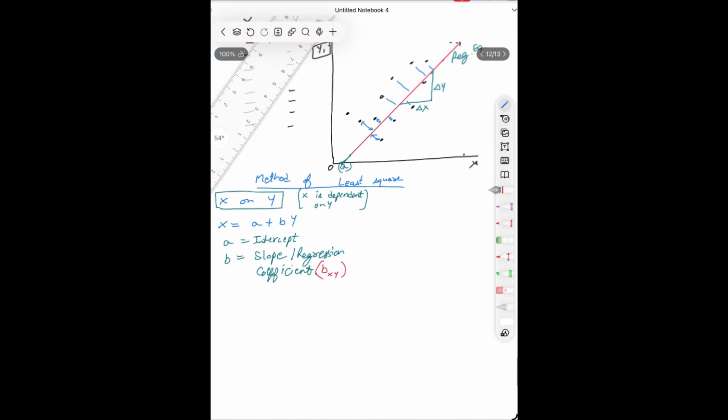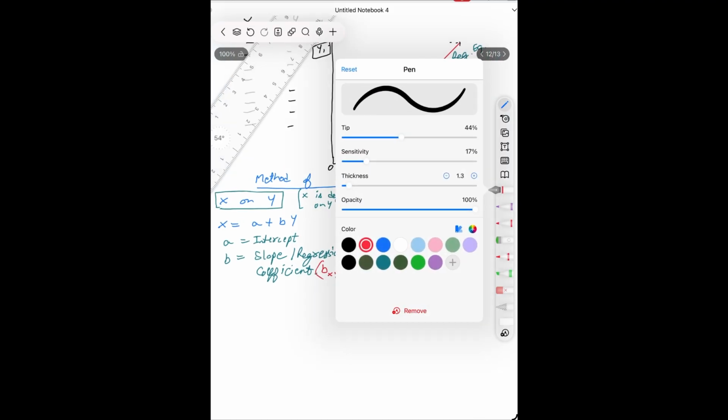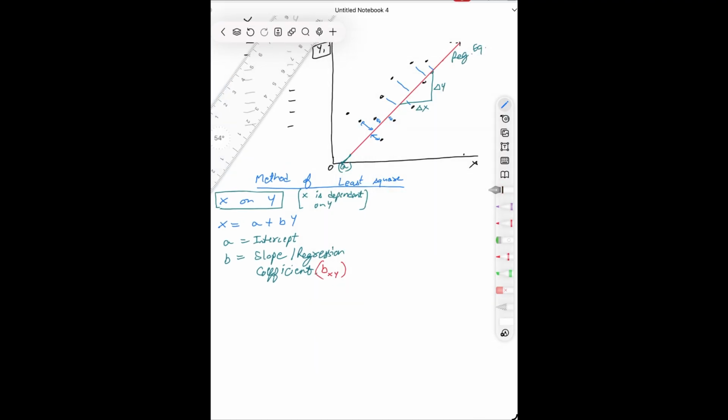Now the question arises, what would happen if the regression equation is not x on y, but rather y on x? So this would mean that variable y is dependent on variable x. So in this situation, the line will be y is equal to a plus bx.